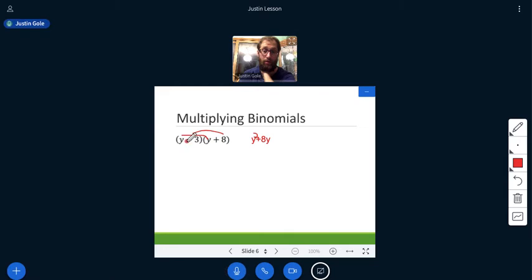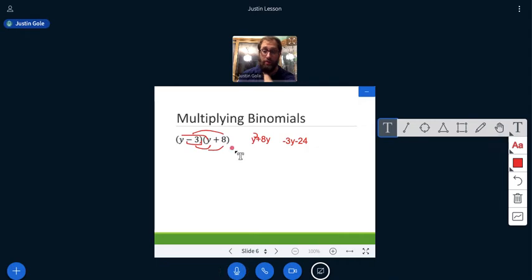Now remember that the negative 3 is all in a group. I multiply everything by negative 3, not just 3. I'm going to multiply negative 3 times y and negative 3 times 8. Negative 3 times y is minus 3y. And then 8 times negative 3 is negative 24.